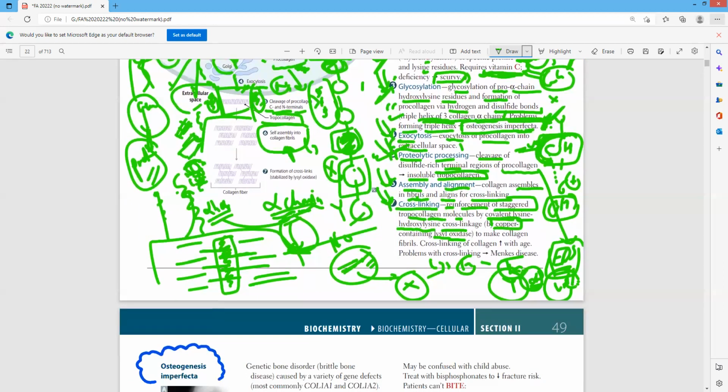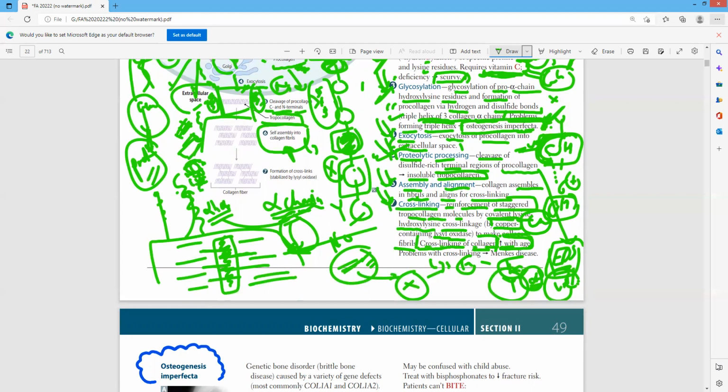And here cross-linking needs copper. The details are just sophisticated, but I want you to remember that to make collagen fibril, there will be cross-linking of the collagen, and this increases with age.